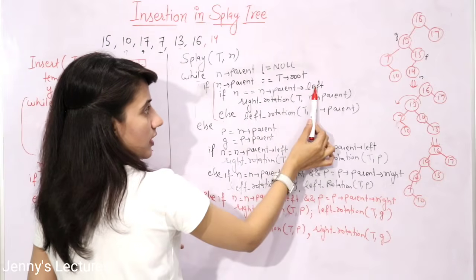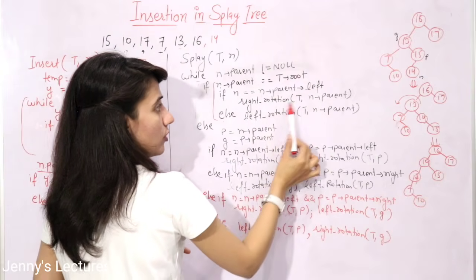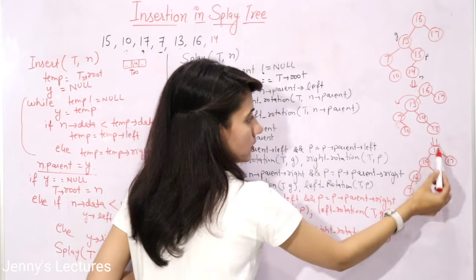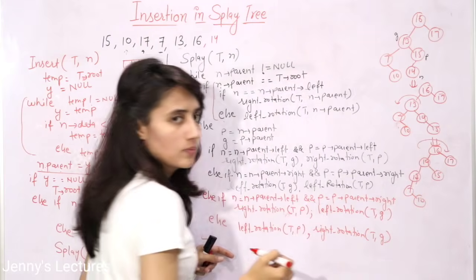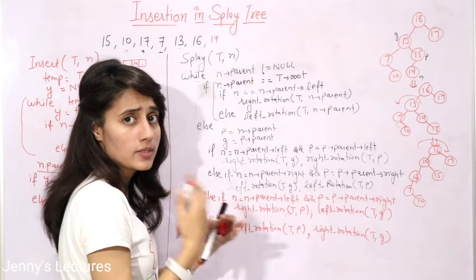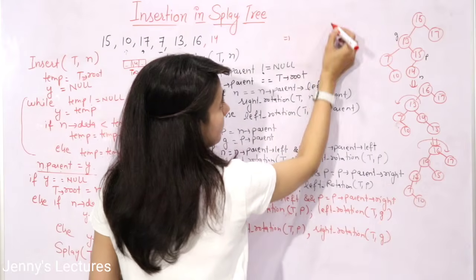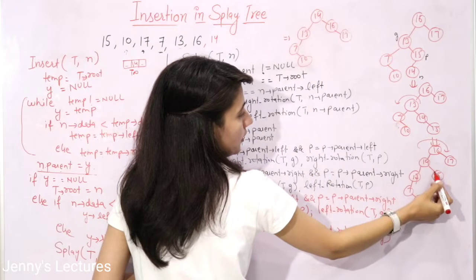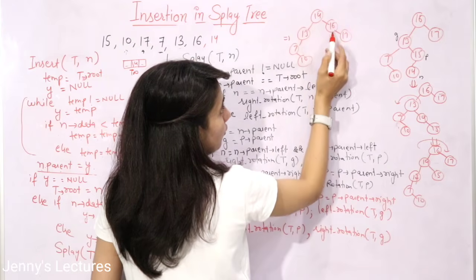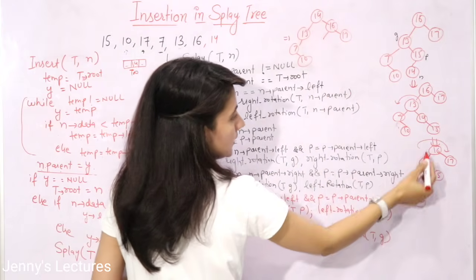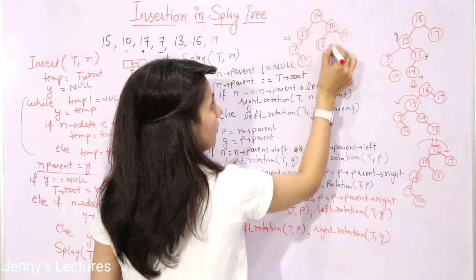It is left child, right? So we will do right rotation on N of parent. N of parent is this one, and here we will do right rotation, right? Means this is a zig situation. So after right rotation the final tree would be: to the right of 14 we have 15, so it will go to the right of 14 and to the left of 16. So here we have 15.